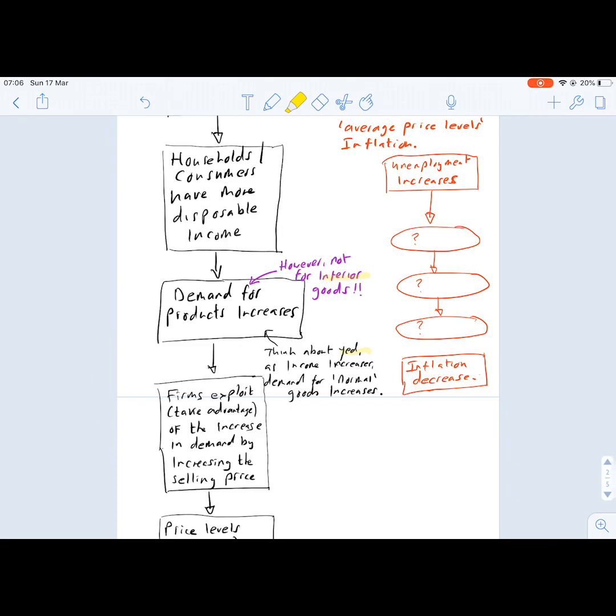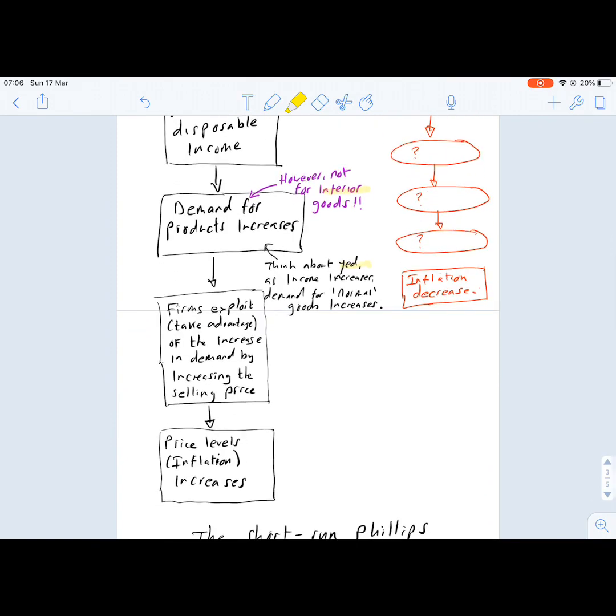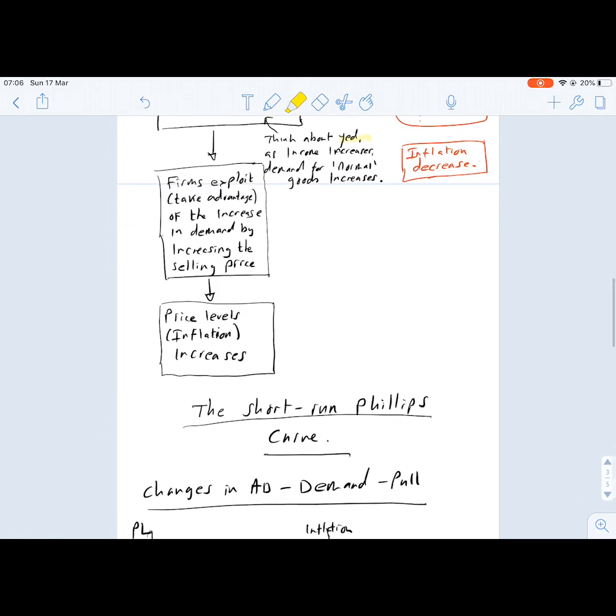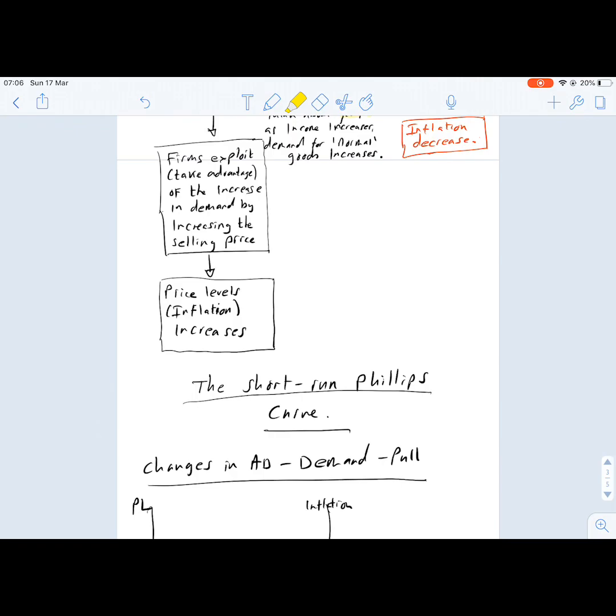So people are buying basic rice, but then they get paid more money, then they're going to buy a more luxurious brand of rice instead. So the demand for the inferior good will actually decrease. Okay, so demand for normal goods increases. Firms will exploit this. They will take advantage of the increase in demand by increasing the selling price, and this will lead to the price levels increasing, hence inflation.